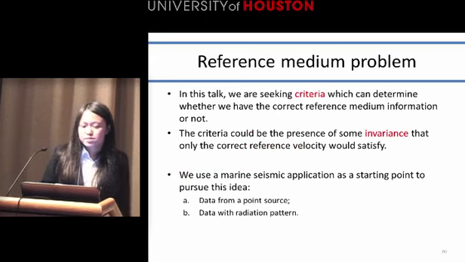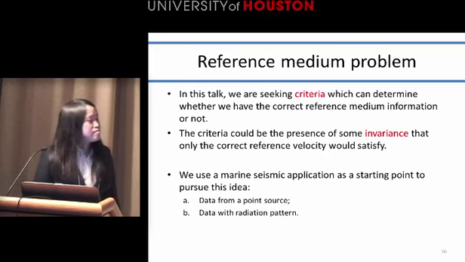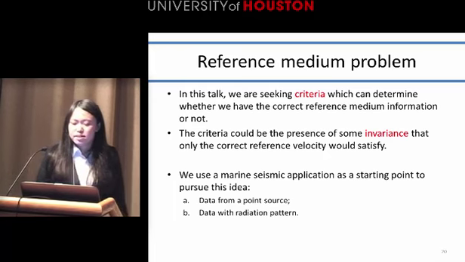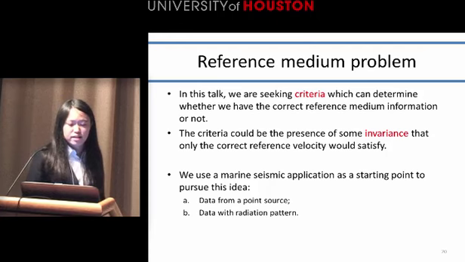And in this talk, we will be talking about criteria which can determine whether we have the correct reference velocity or not. And the criteria can be the presence of some invariances that only the correct reference velocity will satisfy.